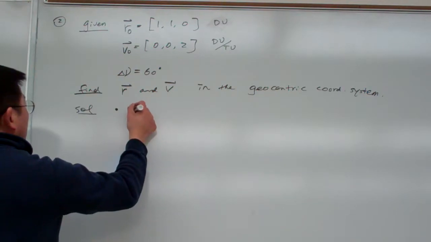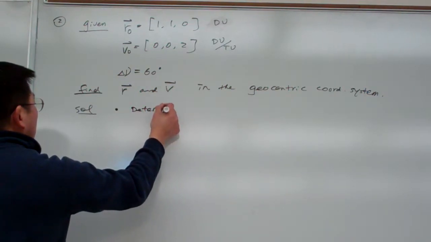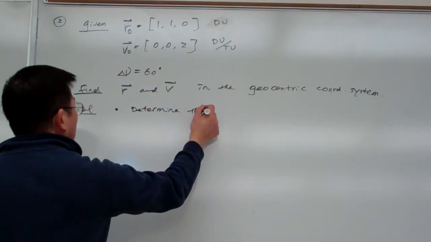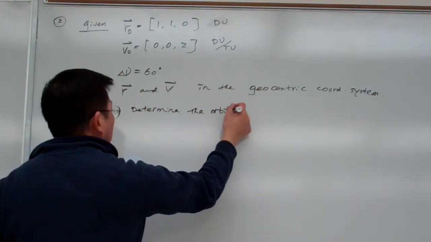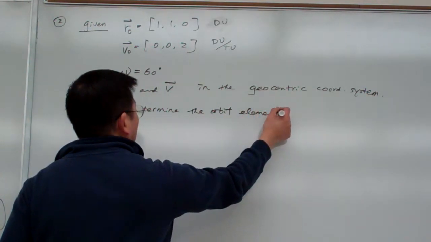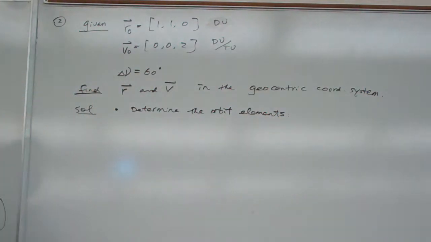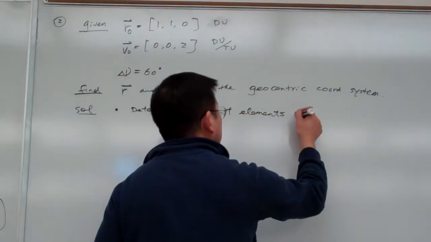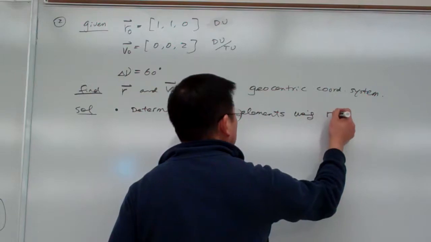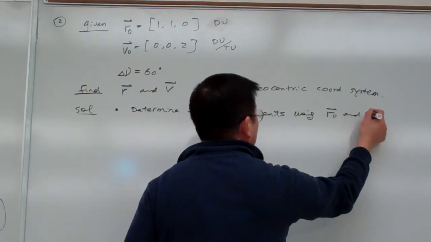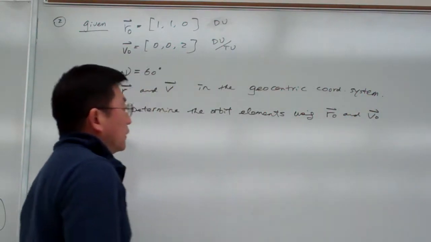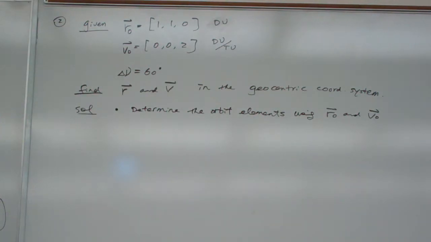As long as we know the position and velocity at any time moment, we can right away determine the orbit.